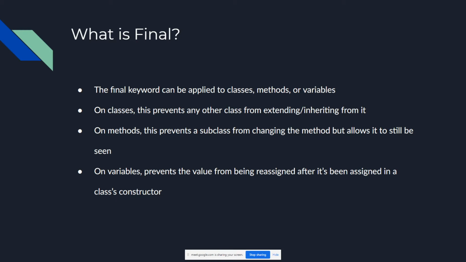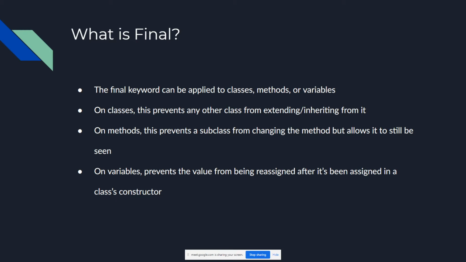All right, so now for the second part, what is final? Final is just another keyword, much like public or void or for or whatever. And final can be applied to classes, variables, and methods. What it basically means is that it cannot be changed. So for example, if we have a final class, we can't create a subclass from it, right?